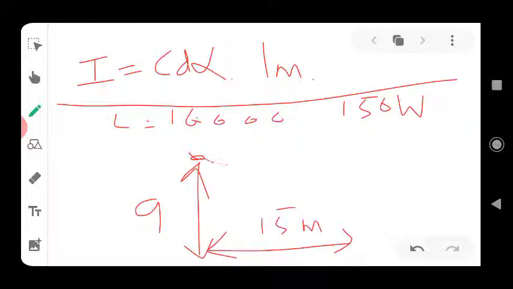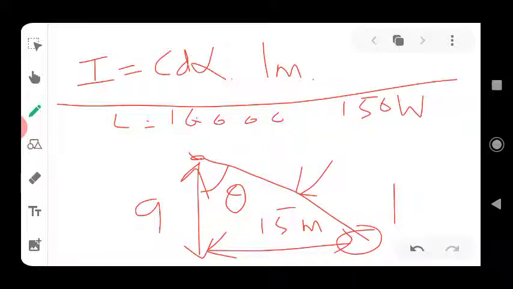Now we need to find the angle, the illuminance at this point, and also d. Here both theta and d are not given, and we only have 15 meters and 9 meters.